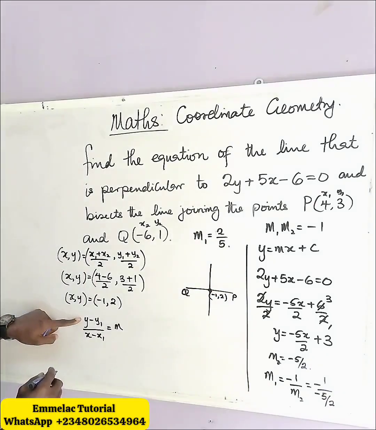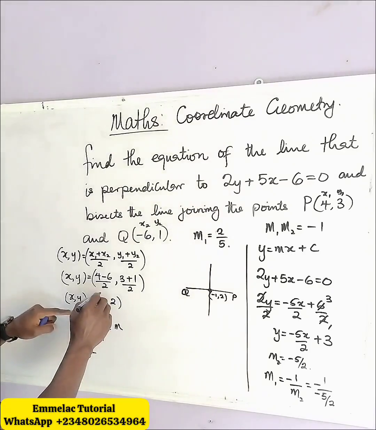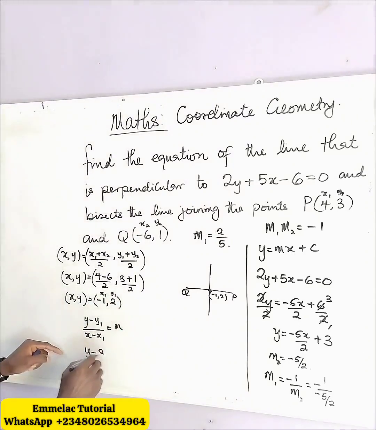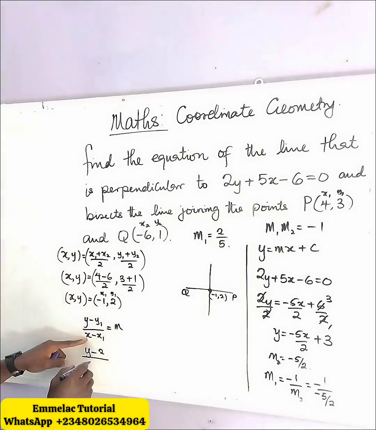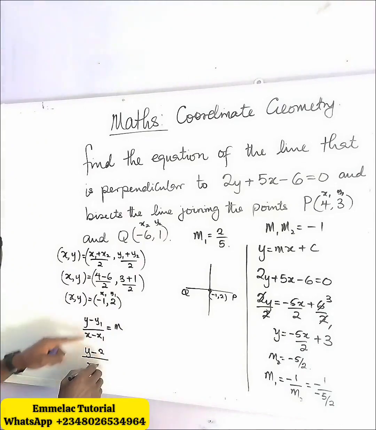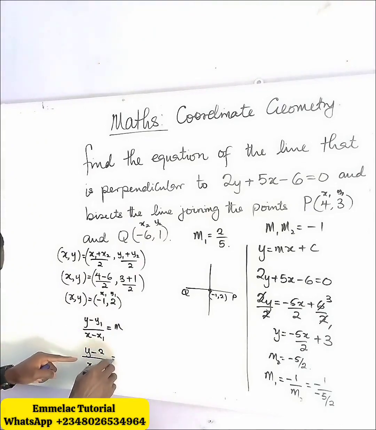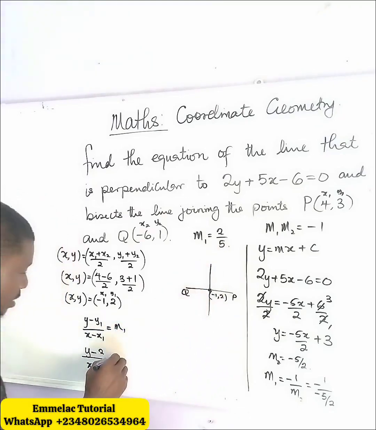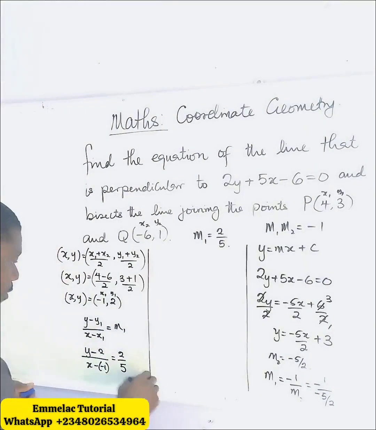This is y, then minus y1, so we have y minus 2, all over x minus x1, that equals the gradient, which is m1, that is 2 all over 5.